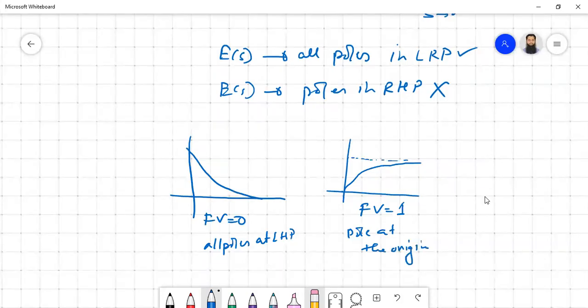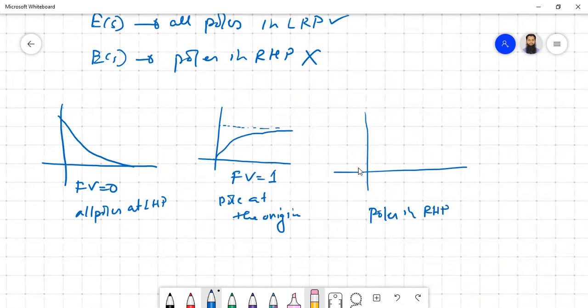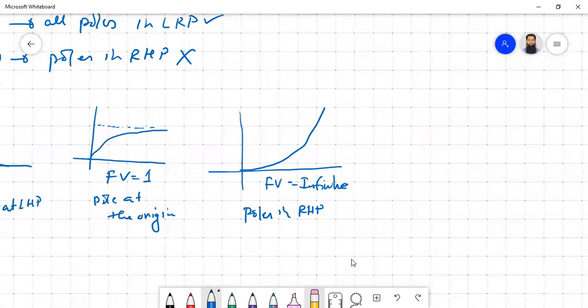And say we have right half plane poles. In that case, can we figure out what will be the final value? Poles in the right half plane: actually the final value will be infinite. So basically we cannot rely on this case scenario. And the fourth case, say we have poles on the imaginary axis.